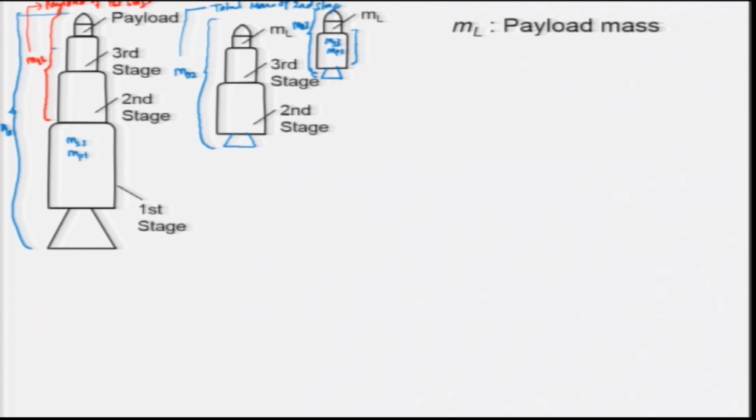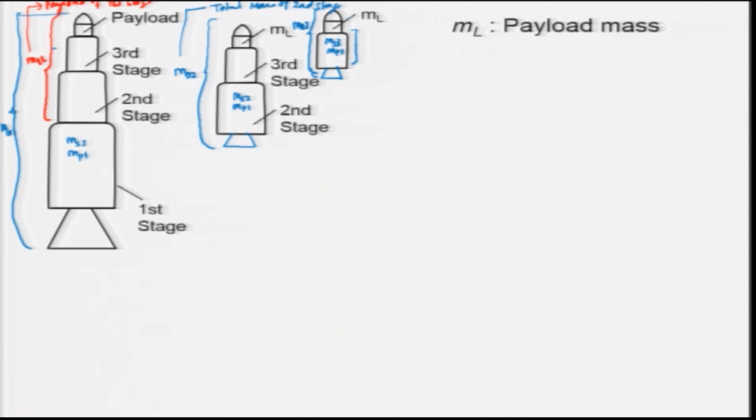This total, the mass here m03, is the total mass for the third stage. As I told earlier, the second stage is started once the first stage is dropped out, and then the third stage is started once the second stage structural mass and propellant tank are dropped out.